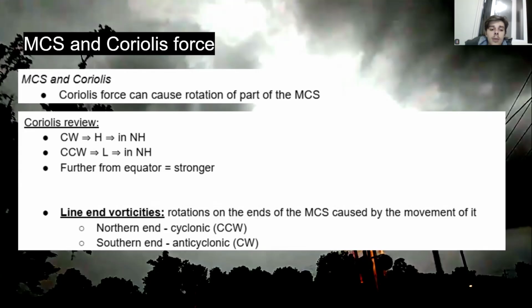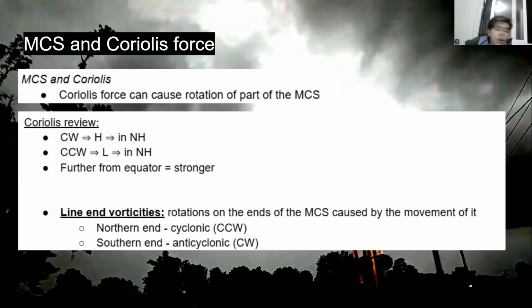And in the northern hemisphere, which is where we are, it results in a deflection to the right. So there's clockwise flow for high pressure systems in the northern hemisphere, counterclockwise for lows. And the further you get from the equator, the Coriolis force is stronger because it is maximum at the poles and zero at the equator.